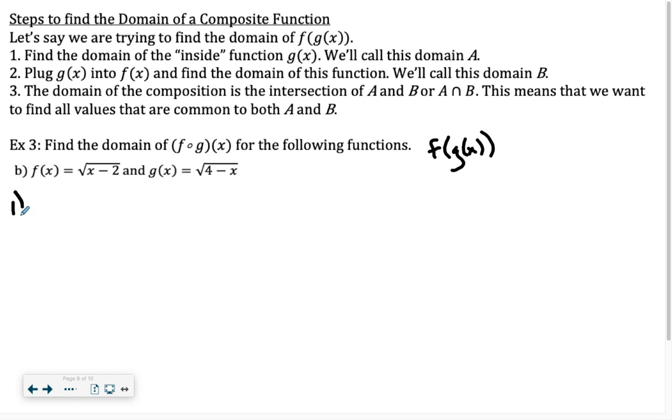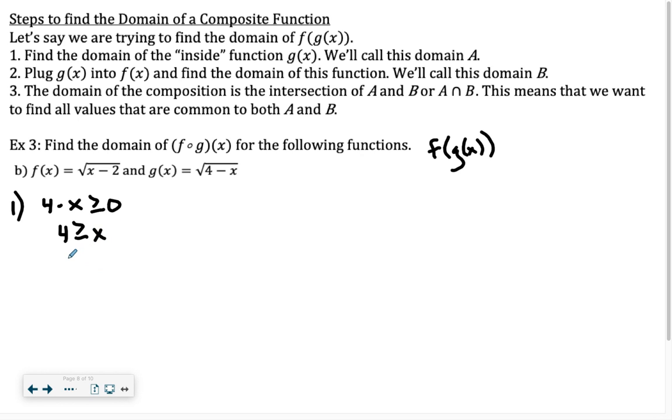So step one, find the domain of this. For roots, we said whatever's on the inside has to be greater than or equal to 0. So I'm going to say 4 minus x has to be greater than or equal to 0. I can just add the x over. I'll get 4 is greater than or equal to x.